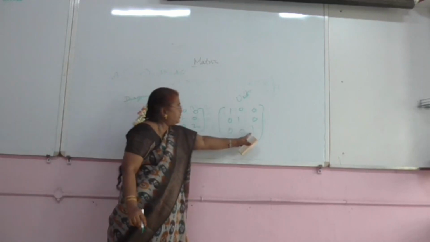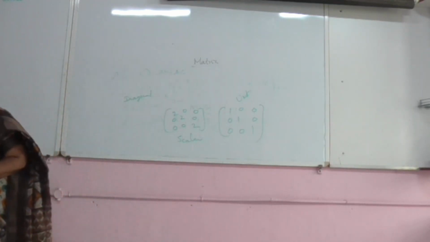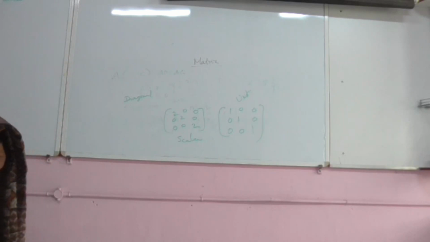If all the elements are equal to 1, then it is called a unit matrix. Then what is a zero matrix? If all the elements are zeros, then it is called a zero matrix.